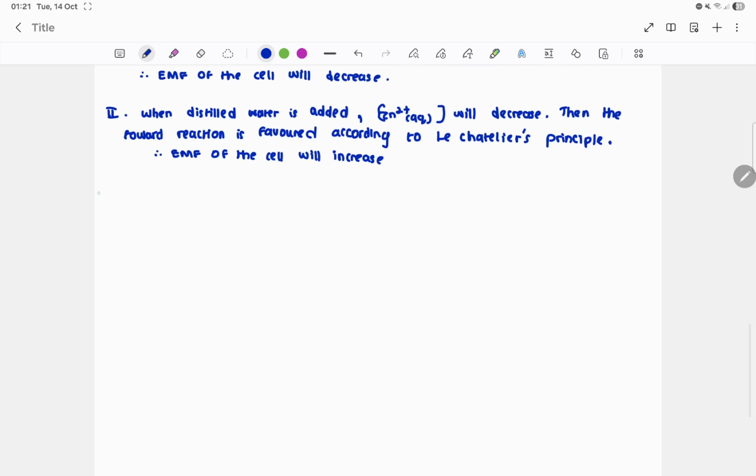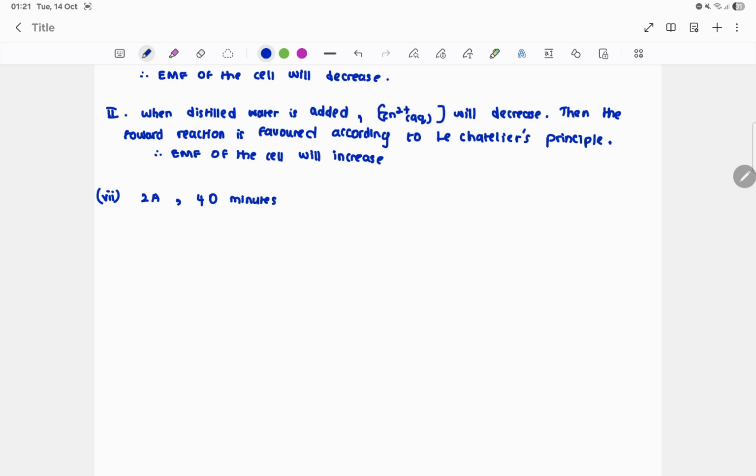Then the next, question number 7. A 2 ampere current was obtained from the above cell during a time period of 40 minutes.